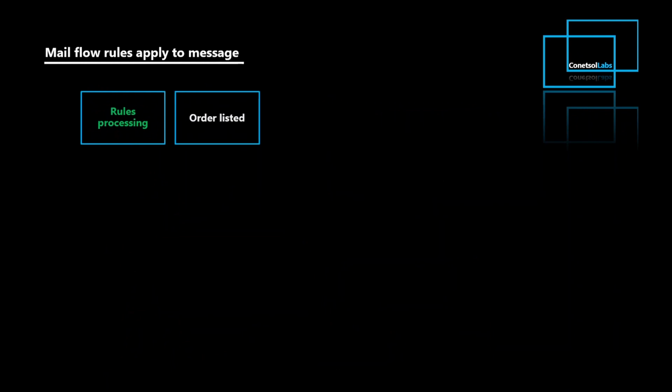Now we will learn how mail flow rules are applied to messages. Mail flow rules are always processed in the order listed, or based on priority.